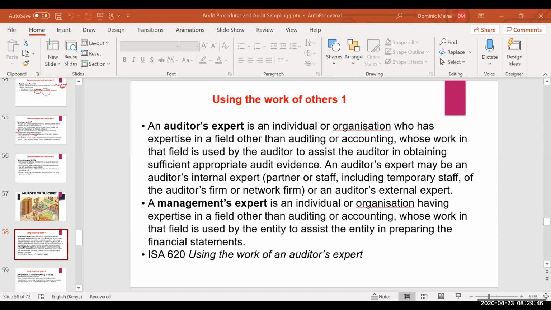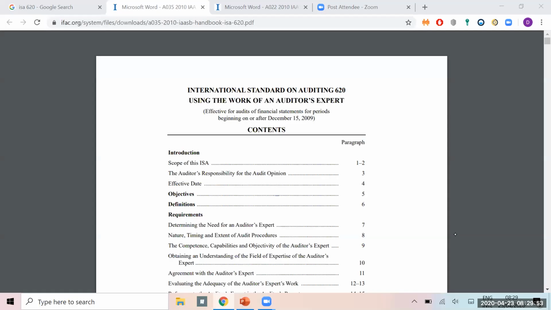Okay, this is the ISA 620 that I'm referring to, using the work of an auditor's expert.